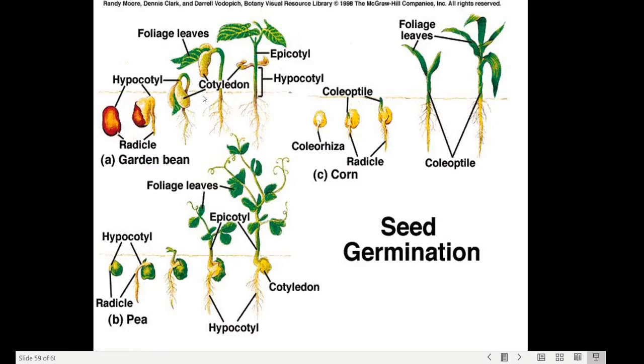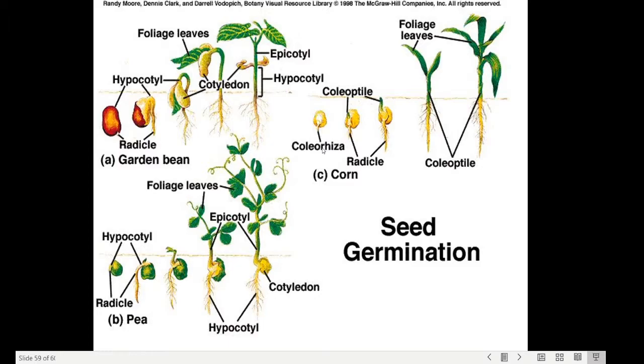After development of that, cotyledons are developed and foliage leaves are formed. After the foliage leaf, the epicotyl and hypocotyl are developed from the cotyledon. From that cotyledon stage, the two differences are formed, that is the epicotyl and hypocotyl.